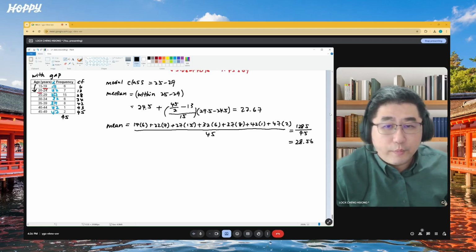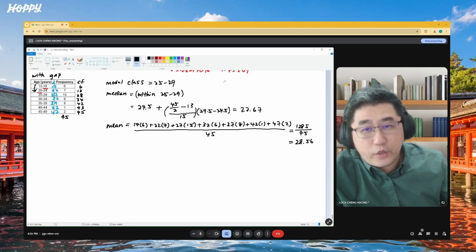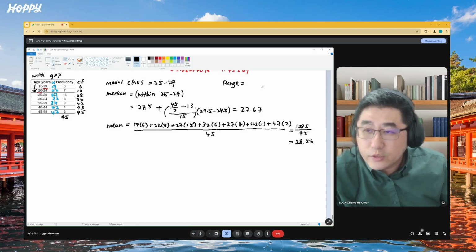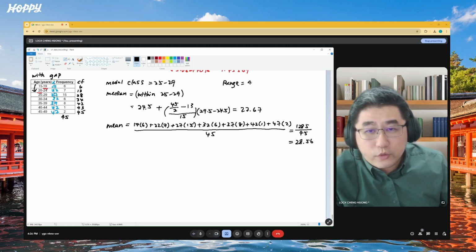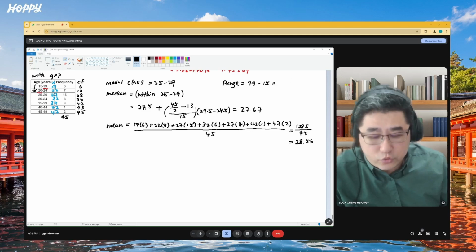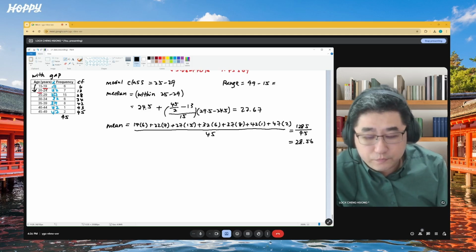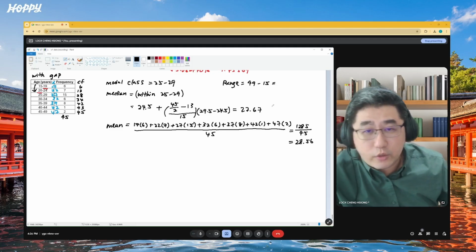That will be my value of the mean. And over here, my range will be the highest minus the smallest, so 49 minus 15. That gives me 34.